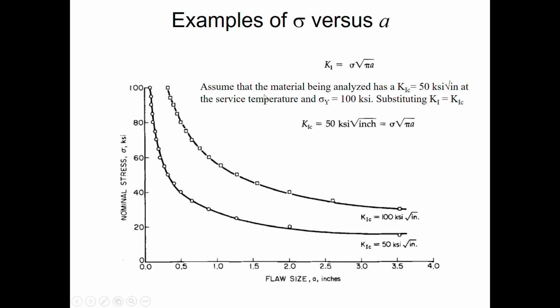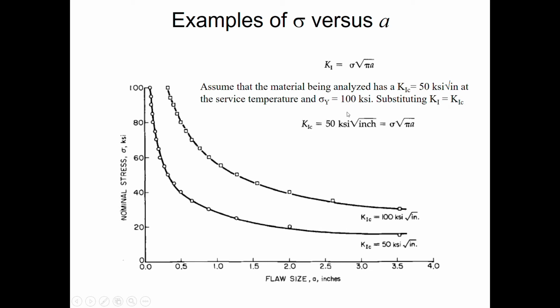Assume that the material being analyzed has a K1C equal to 50 KSI times square root of inch at the service temperature. They didn't specify the temperature, but they already give you the numbers, so it doesn't matter. And sigma Y equal to 100 KSI. So we need to substitute K1 equal to K1C.